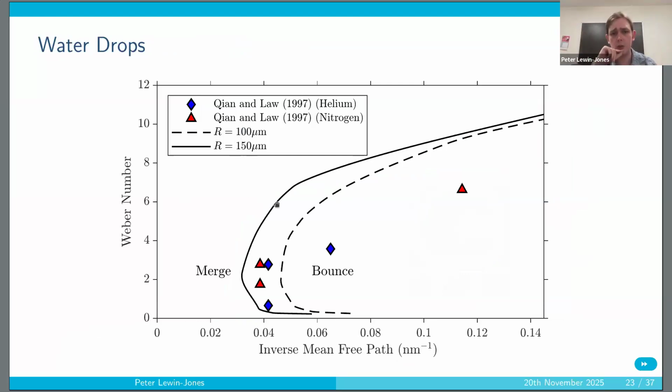So what we found is that you can change the radius and go either side of where the experiments suggest. This led us to think that perhaps this is much more sensitive to the radius than these original experimental papers looked at. But why we aren't capturing the behavior of water drops at much larger pressures, so smaller mean free paths, we're not sure. This is still a question mark.